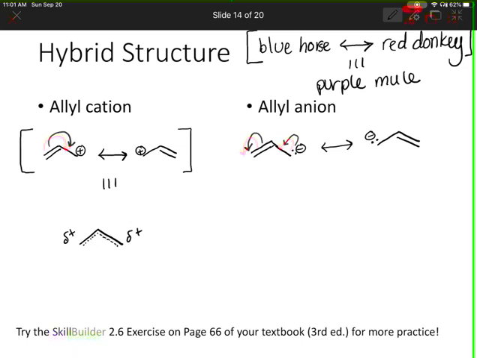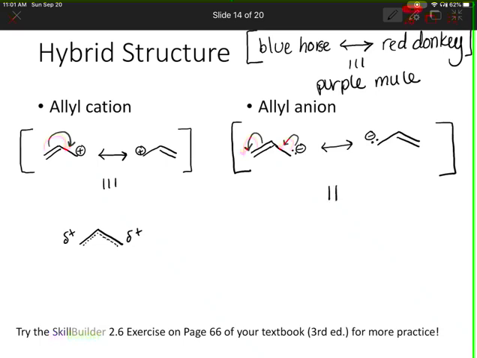And now that negative charge is shared between the carbon on the right and the carbon on the left. Typically when you move a lone pair of electrons down to make a double bond, you need to have a double bond next to it so you can move electrons further down the line. It depends on the molecule, but the allyl anion here is a pretty typical example of how electrons move.